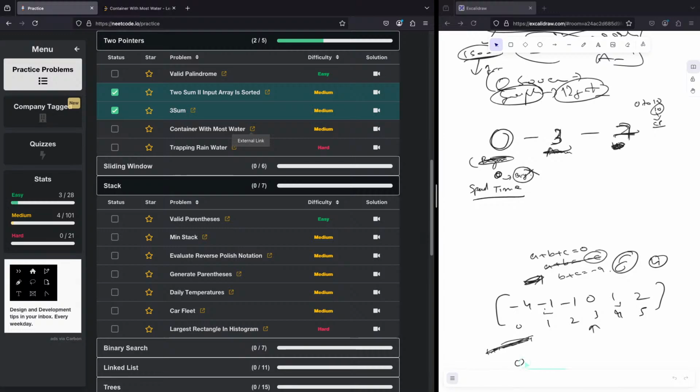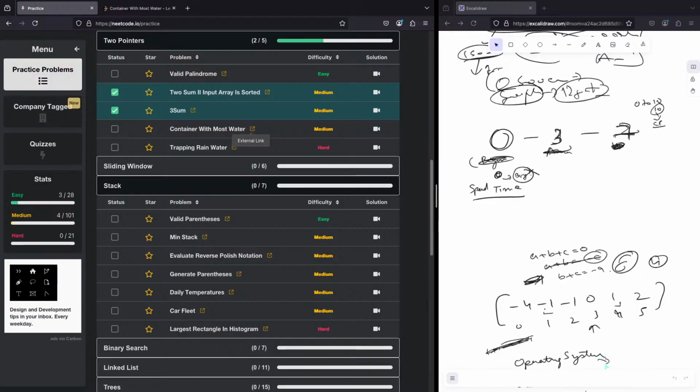So operating system, database, DBMS, networking, right? This covers all the SQL things. This covers operating system.